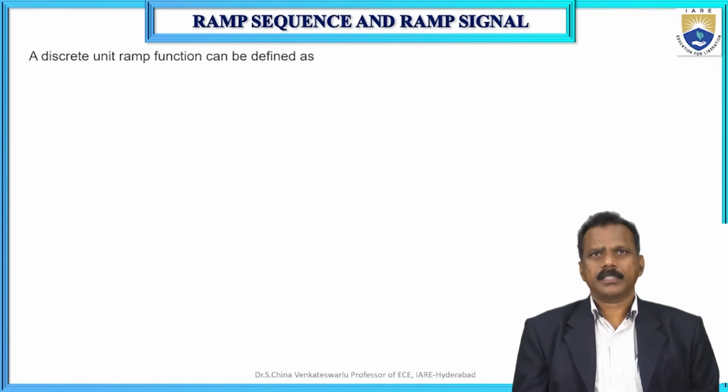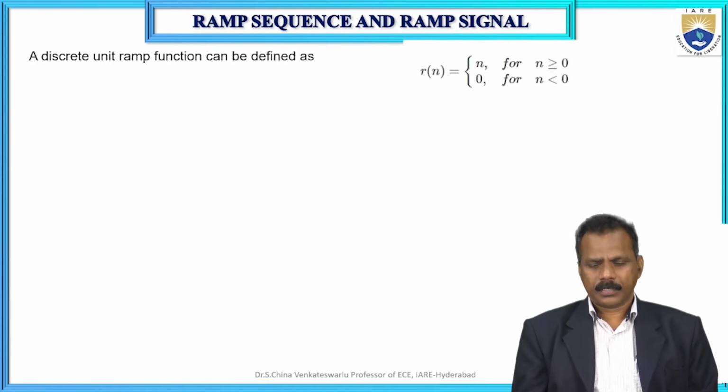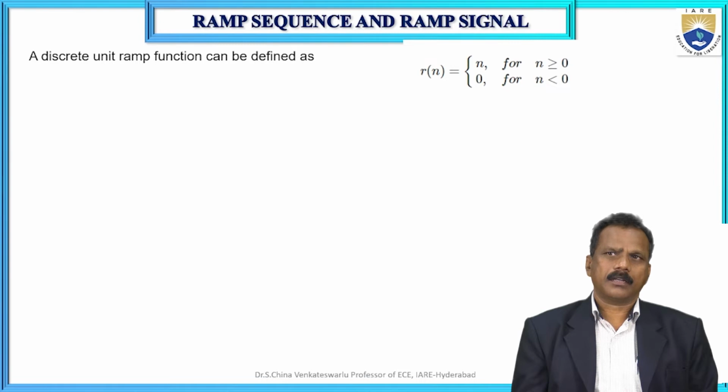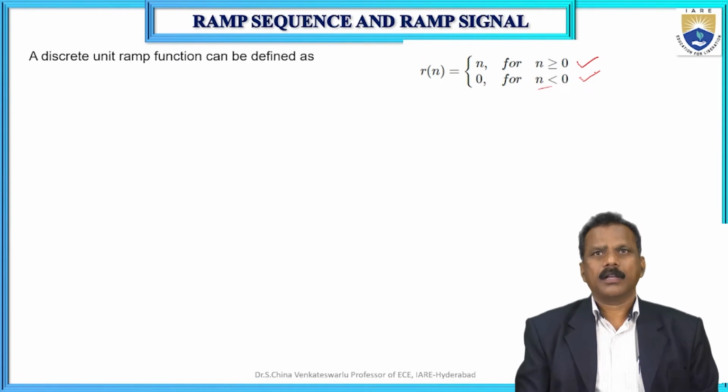Here, a discrete unit ramp function can be defined as r of n, where r of n is equal to n for n greater than or equal to 0, and r of n is 0 for n less than 0. So you can define this as a discrete unit ramp function.